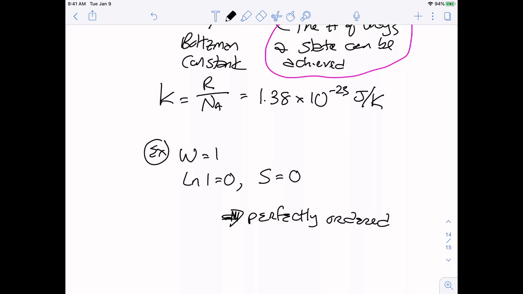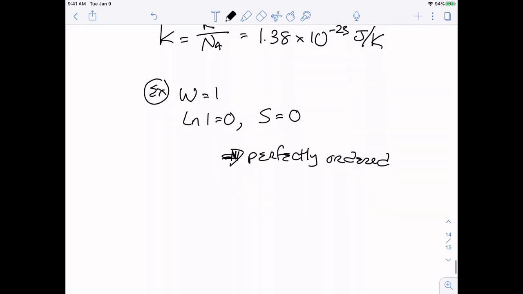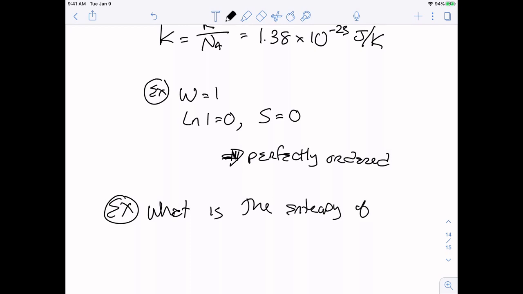Let's do a crystal. Sorry, guys, I'm changing my mind here. So let's say we have, what is the entropy of a crystal? So just a solid, right? Remember there were crystalline and amorphous solids. When I say a crystal, I'm talking about an ordered solid with 20 atoms.